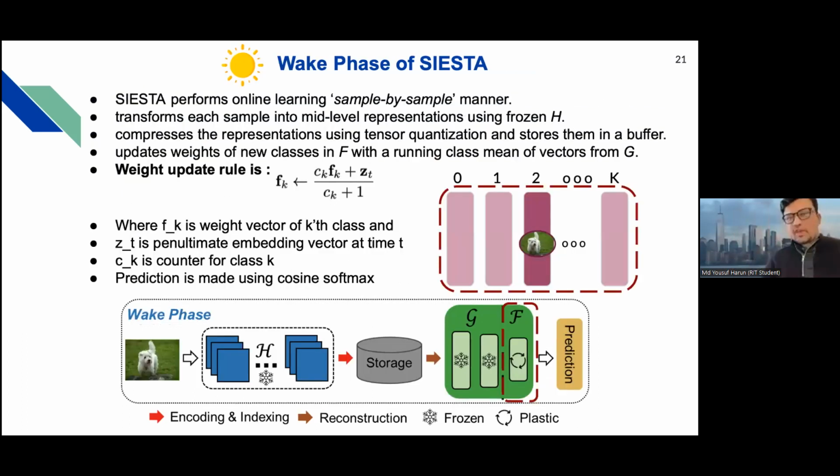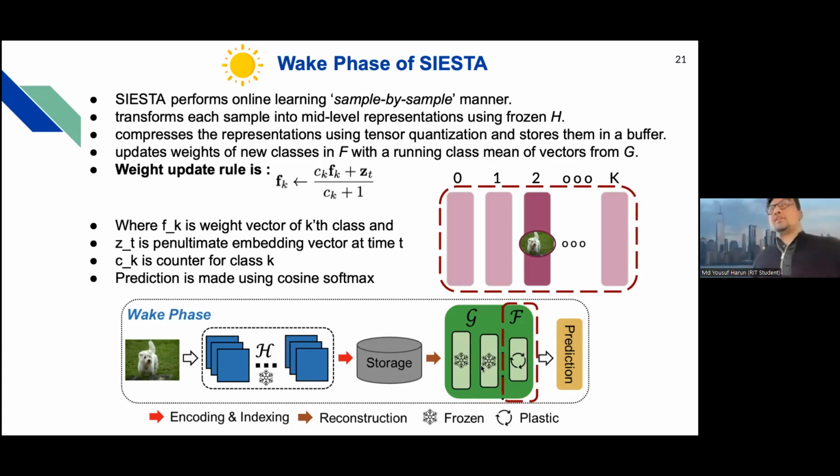So how do we update the output layer during wake? It's very simple. When a new input is available, you just extract the hidden representation and store it in compressed form. This storage acts as an episodic memory center. Then you pass this to the remaining part of the network, and at the output layer, you update the weight of the corresponding class using a running average of the embeddings from the G layer.